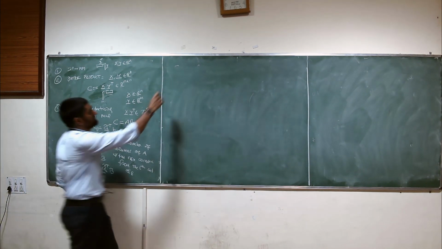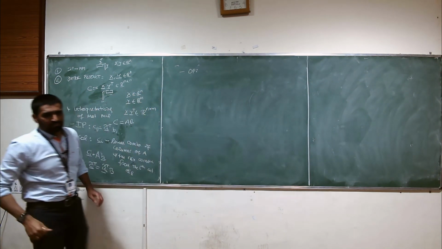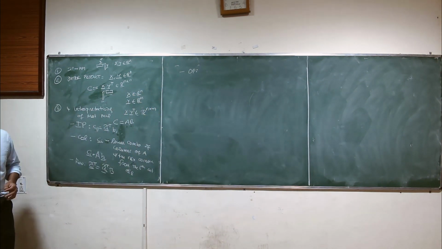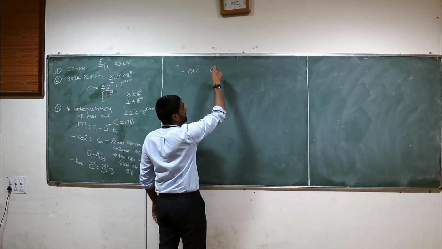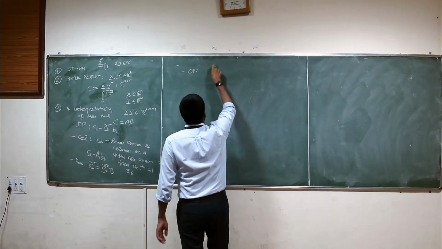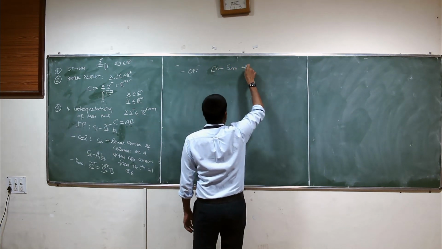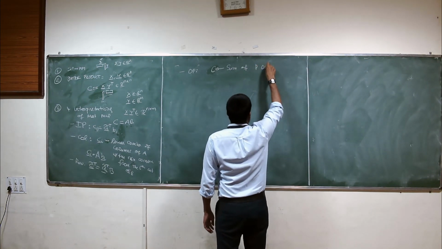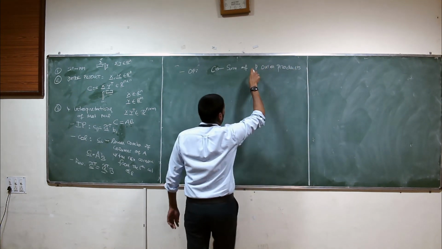And the last one, the outer product. What is this interpretation? The ith row of A. C is the sum of P outer products.